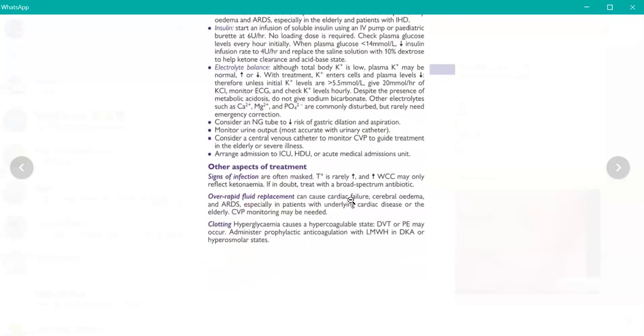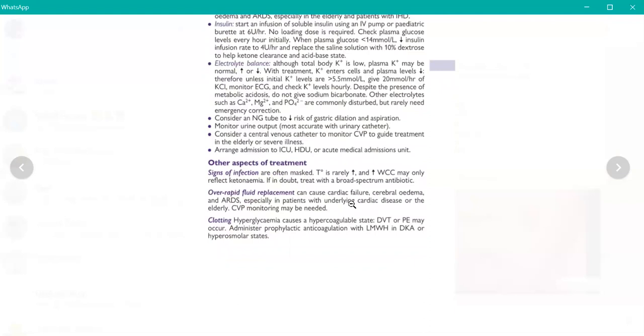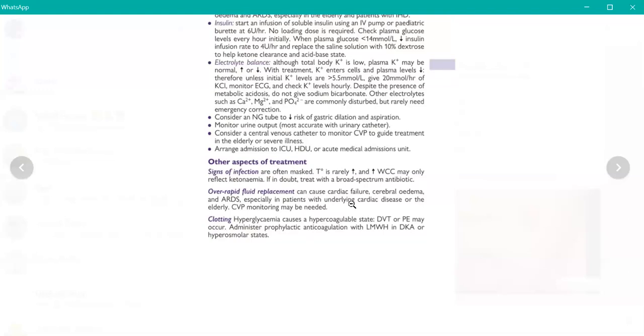Regarding the potassium, and consider an NG tube to reduce gastric dilatation and aspiration. Monitor urine output. So whenever we give IV fluid, we need to monitor urine output. Of course, we're going to put in a catheter first to enable us to monitor the urine output. Consider a central venous catheter.